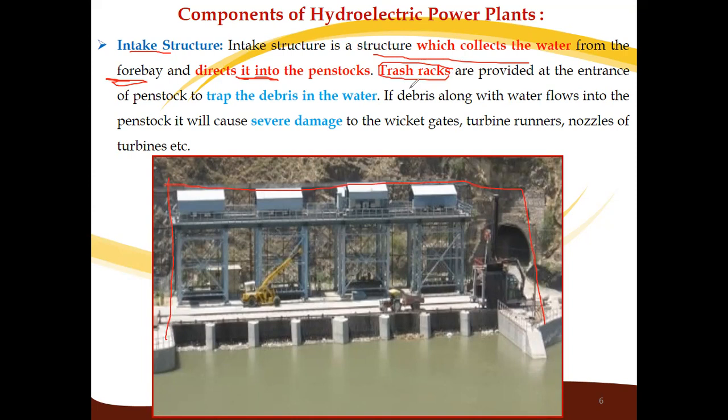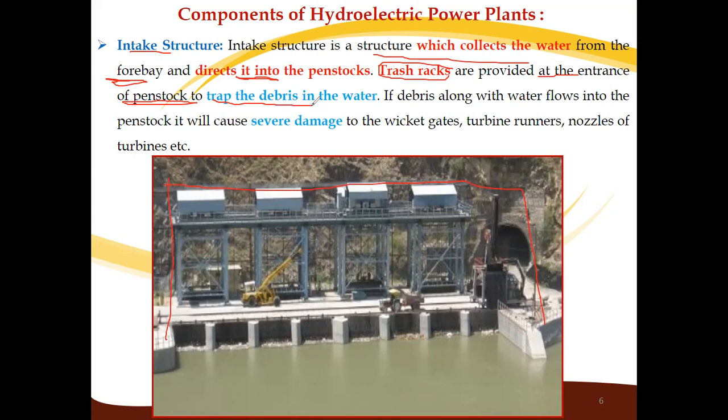This trash rack plays a vital role in the hydroelectric power plant. It is provided at the entrance of the penstock, and the function of this trash rack is to trap the debris in the water.